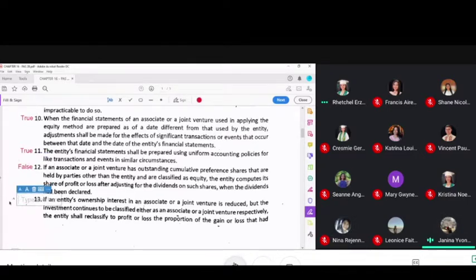Number 13. If an entity's ownership interest in an associate or a joint venture is reduced, but the investment continues to be classified either as an associate or a joint venture, respectively, the entity shall reclassify to profit or loss the proportion of the gain or loss that had previously been recognized in other comprehensive income relating to that reduction in ownership interest if that gain or loss would be required to be reclassified to profit or loss on the disposal of the related assets or liabilities.